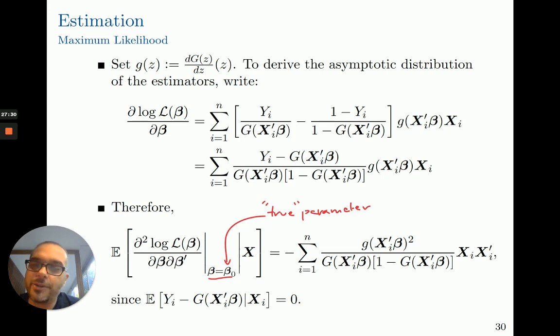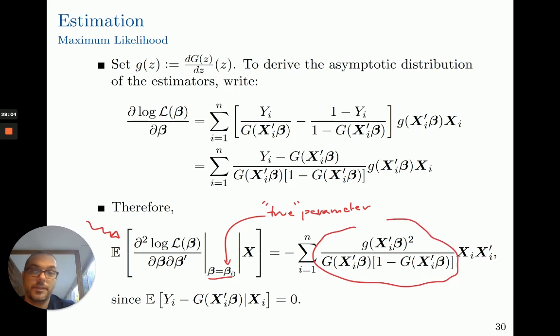Recall from your basic statistics classes the properties of the maximum likelihood estimator, like its variance. It depends exactly on this quantity, which is the Hessian, the expected value of the second derivative. So this depends on this nonlinear term here, and another term that resembles what we have in linear models, that x prime.